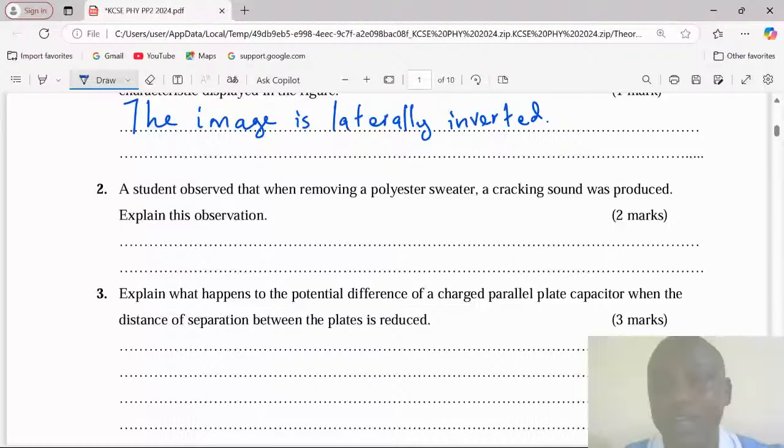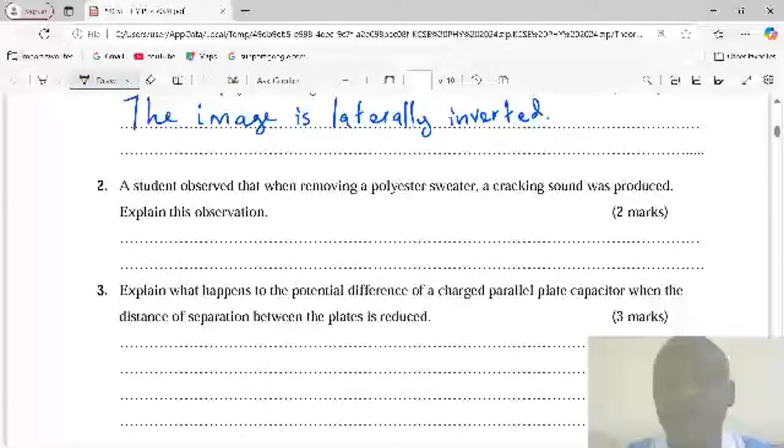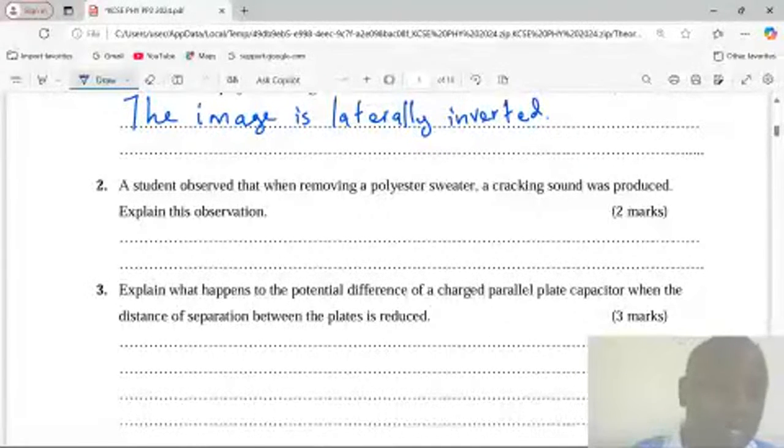This is due to electrostatic charges and other charges in the air. During the discharging, a lot of energy is released, and that is why we hear the cracking sound. Some light, in the form of sparks, is also produced.